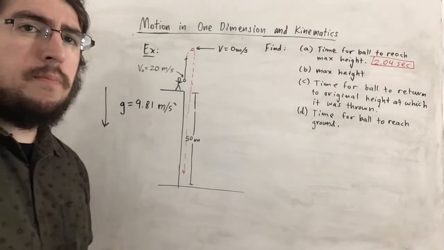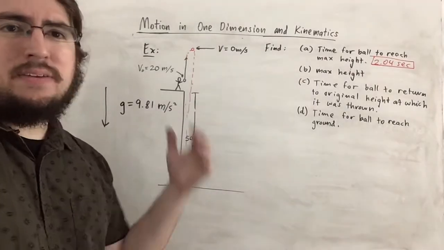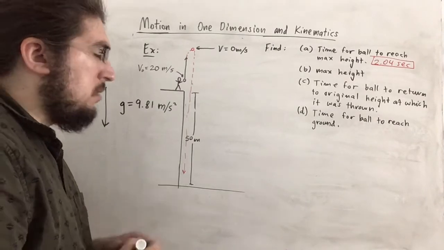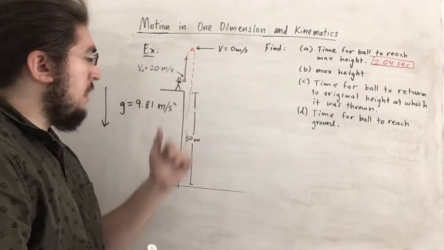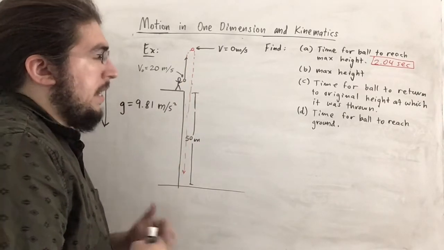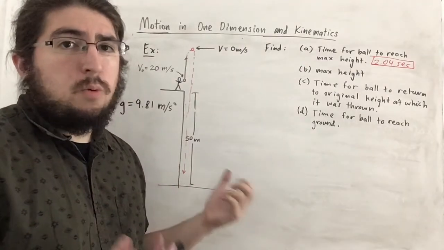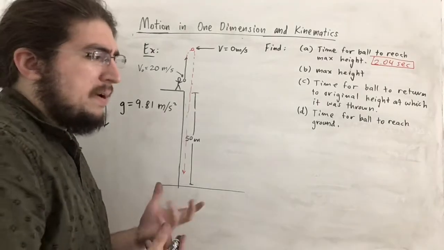Right, so now for part B, we want to find the maximum height, and we're honestly given really the same things we can use here. So let's take a look at kinematic equations that involve v naught, v, and delta y. I want to use delta y instead of delta x. So that's the modification I'm going to be doing on the kinematic equations.